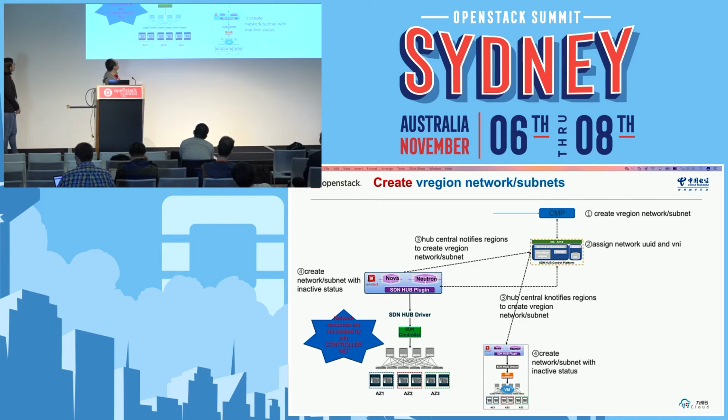After that, the CMP will send the demand to the lower layer SDN Hub plugin. You can see that at step 3, Hub Central notifies the regions to create. And at the SDN Hub plugin, it will create a network and subnet.